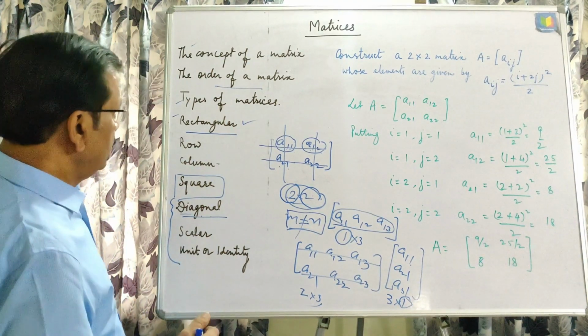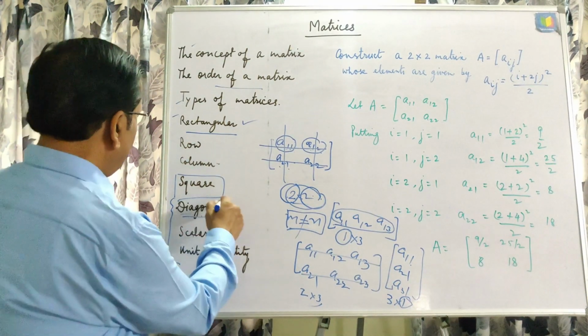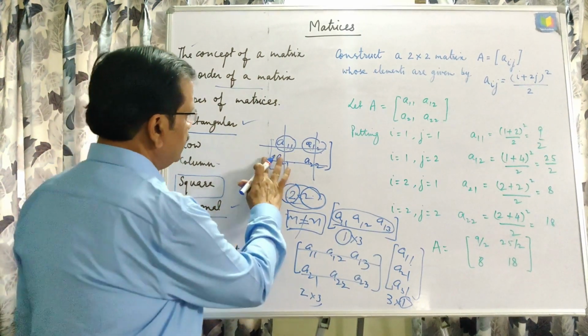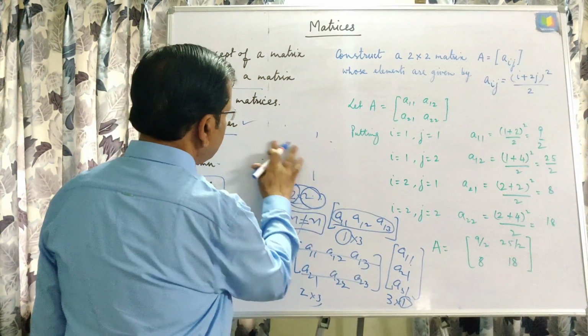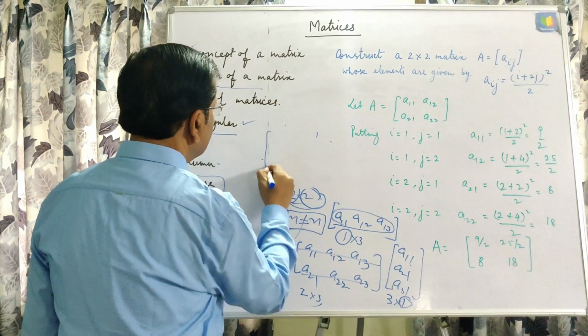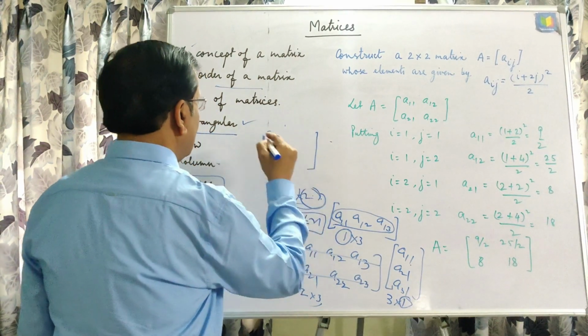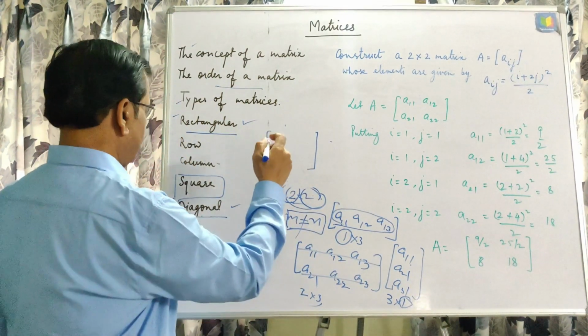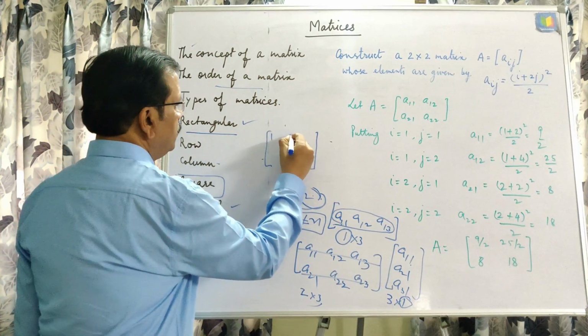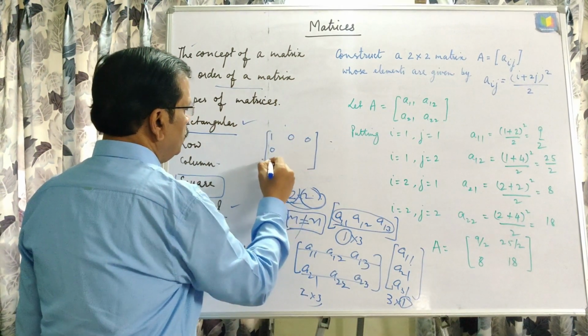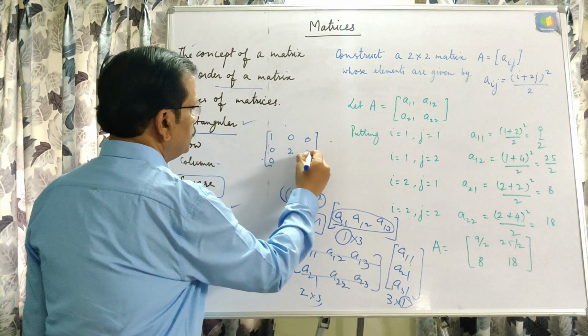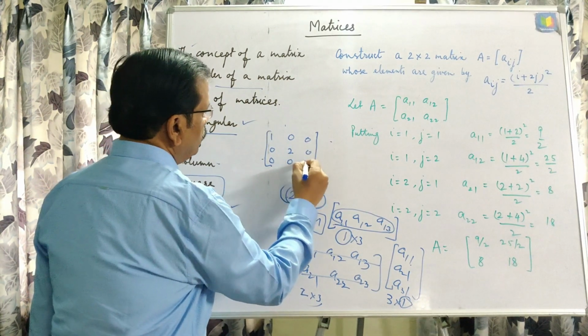You can take any example of a diagonal matrix, say this matrix: 1 0 0, 0 2 0, 0 0 3.